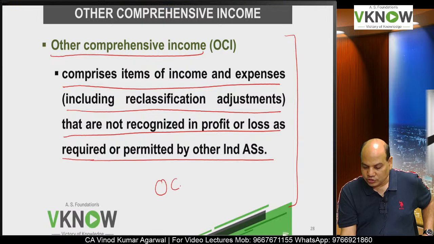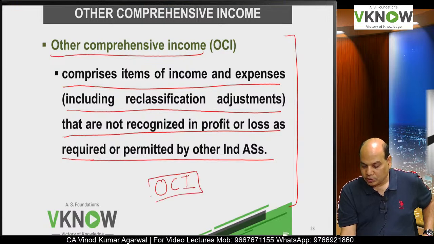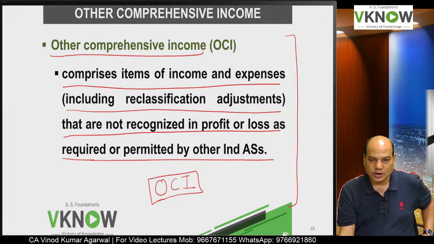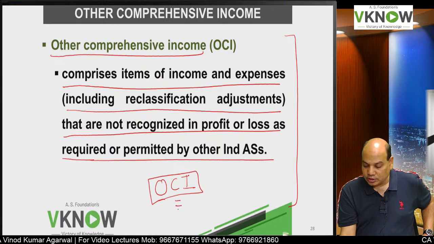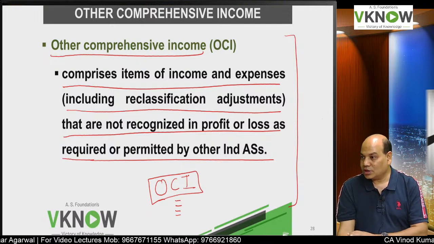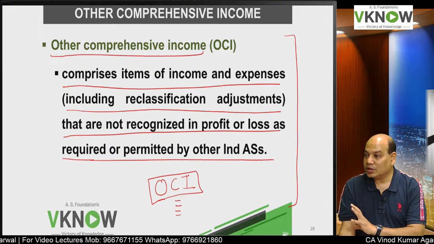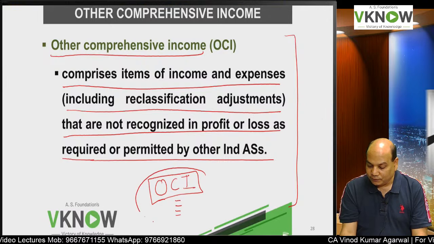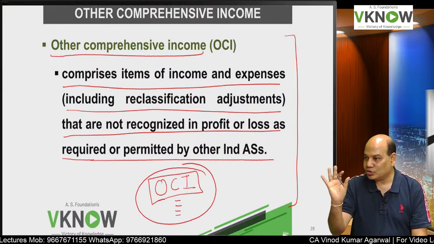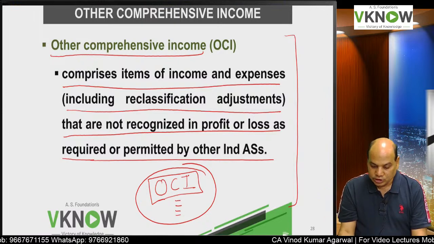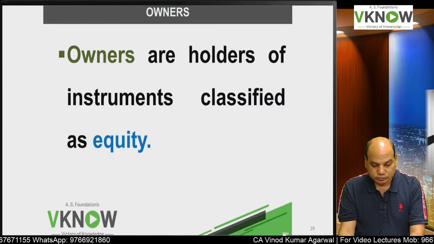One interesting feature of our Ind AS is that in the P&L account there are two parts. Part 1 is profit and loss items, part 2 is other comprehensive income, which contains those items which are not included in the P&L account, but are income in nature, expense in nature. These are not discretionary. The International Accounting Standards Body has defined what will be included in OCI, so you don't have a discretion here. We'll discuss it again after some time.